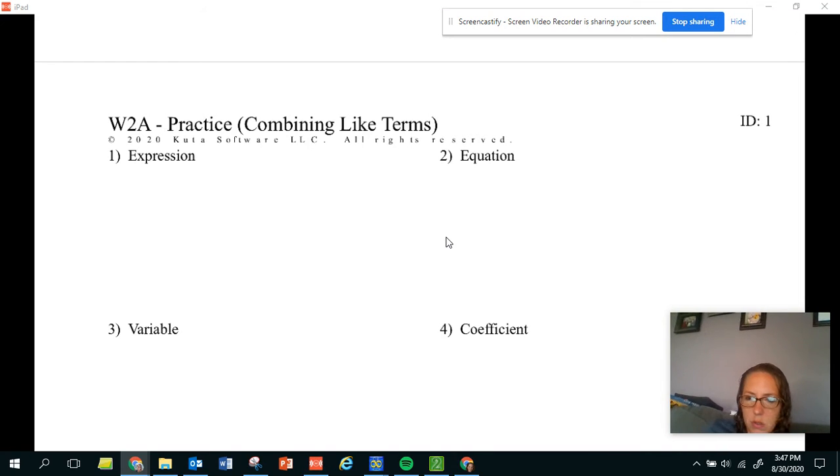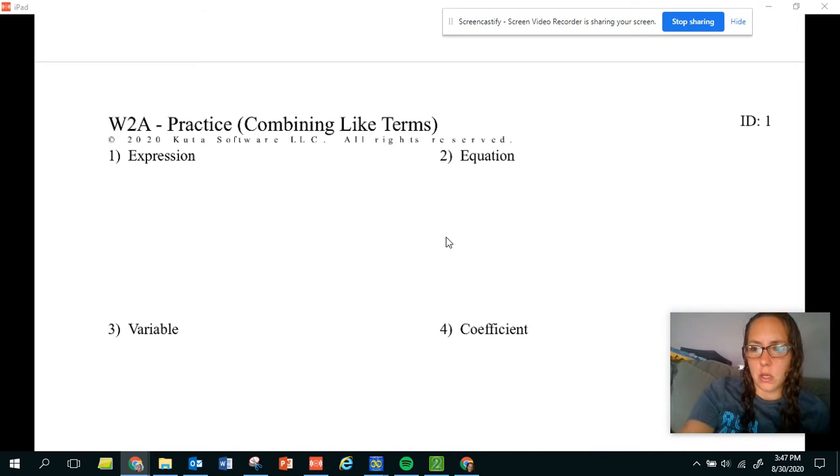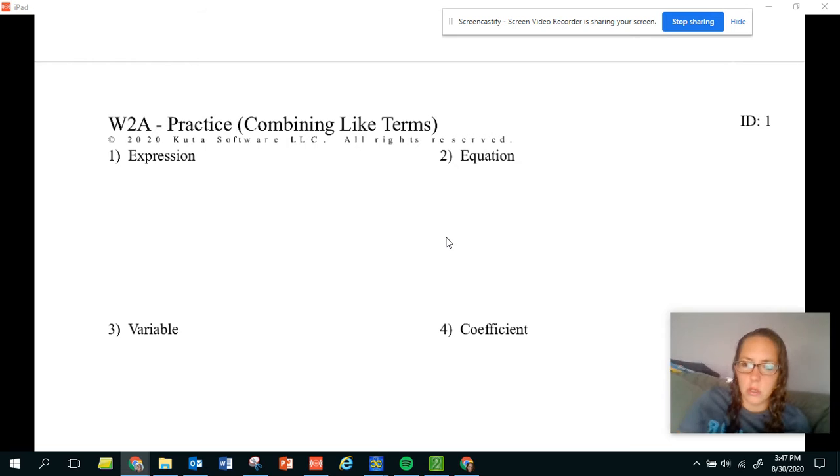So first, we're gonna look at the word expression.